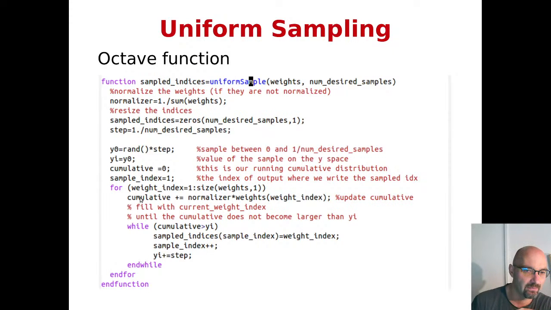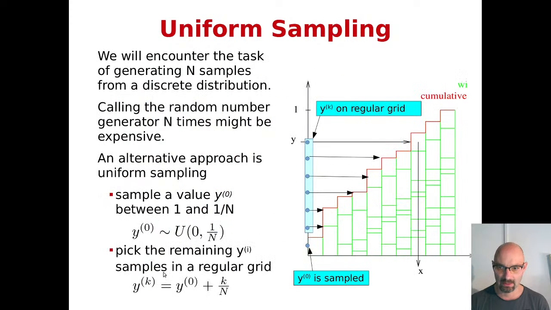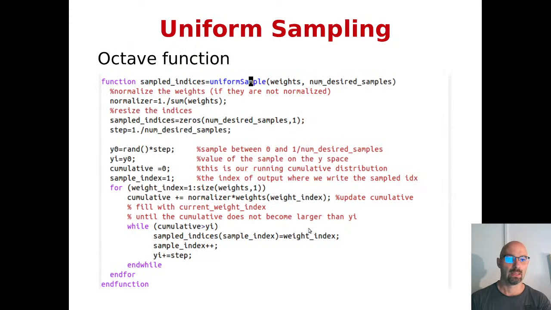And then once you have the value of probability of this first index, you have to look at how many of these dots over here fall in the bar that you covered with the cumulative distribution.